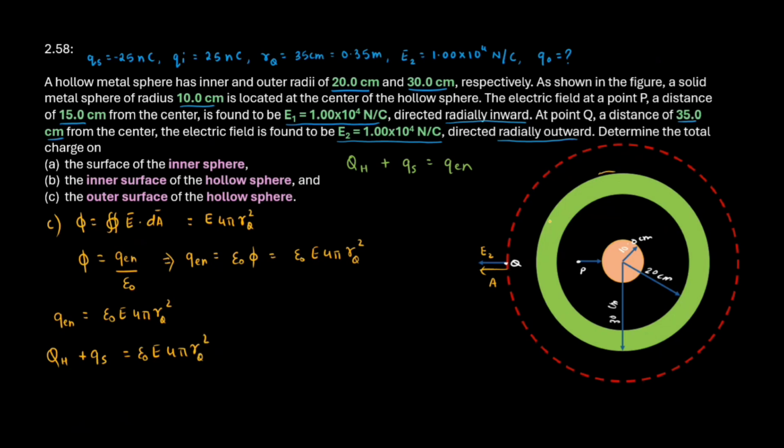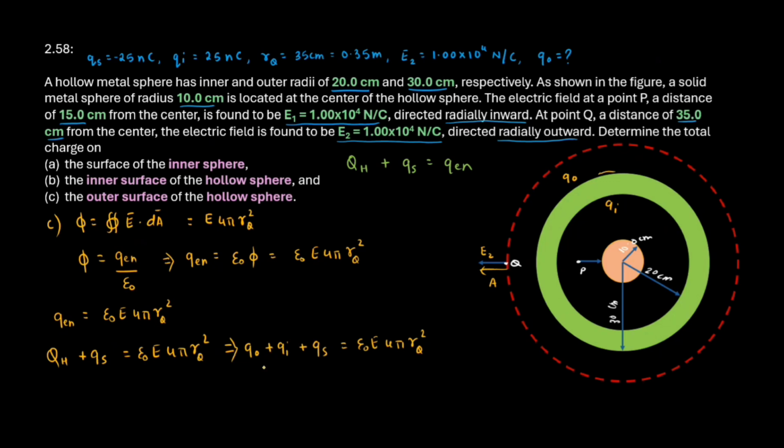Charge on the hollow sphere again is comprised of two different regions. One is the inner region Qi and the other one is the charge on the outer surface. So I will write the total charge on hollow sphere to be sum of the charge on the outer surface plus the charge on the inner surface, plus Qs equals epsilon naught E 4 pi RQ squared.